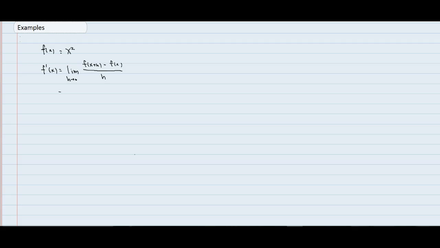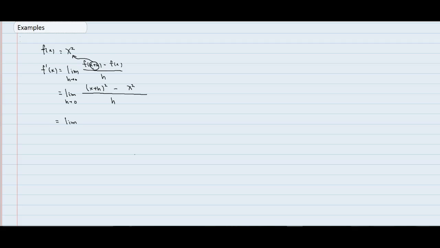And just like we did before, we can find the two different expressions, two terms in the numerator. So f of x plus h is when I plug x plus h into the function. So I will get x plus h quantity squared, minus f of x, which is just x squared itself, all over h.